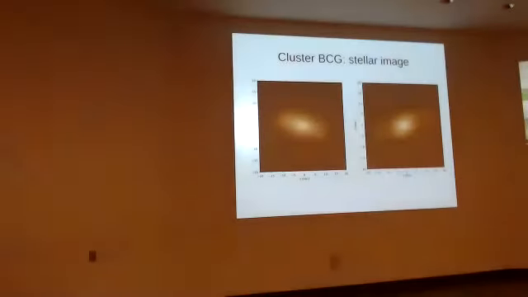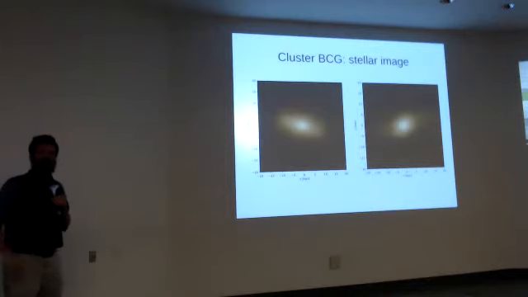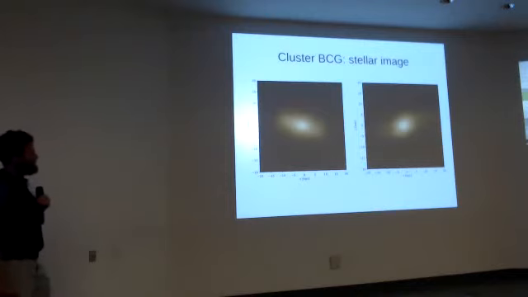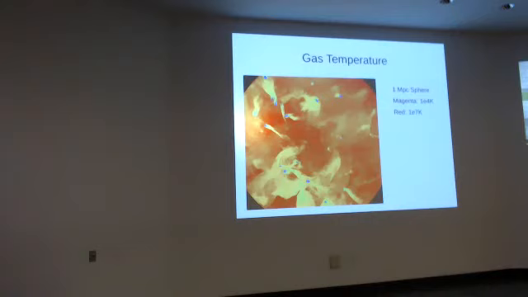The central, we do have a BCG. I don't know too much about it, except I told you its stellar mass and its morphology. It is a little disturbed because it just had an encounter with another satellite galaxy. I mentioned the gas. Here's the plot of the gas temperature.